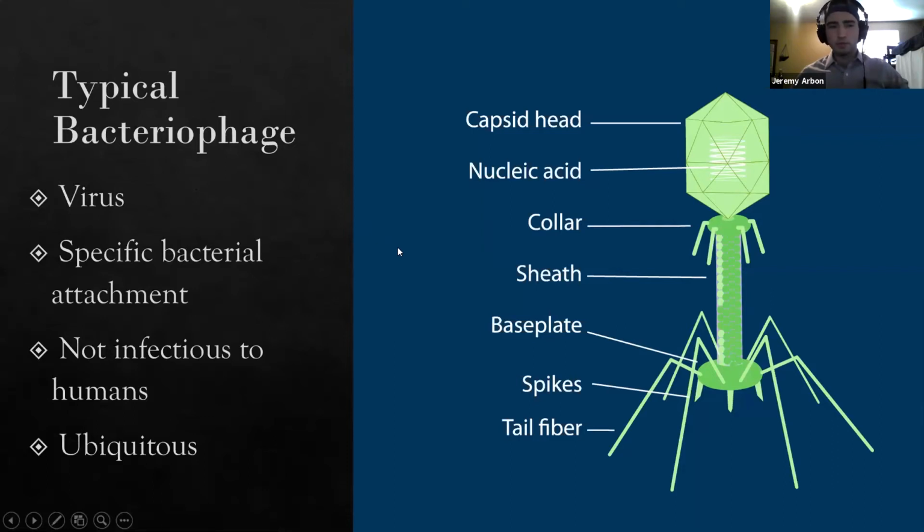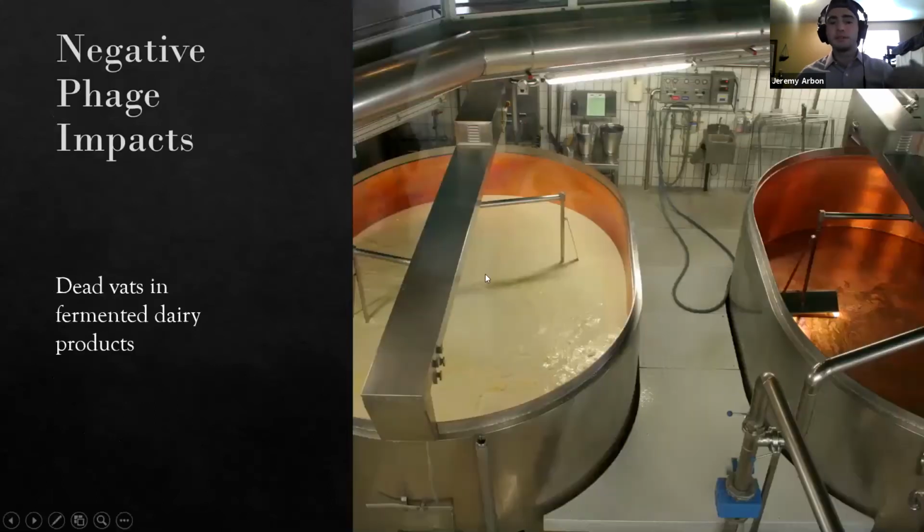If you've seen them before in cheese, you know that in cheese making, you'll rotate your bacterial cultures in order to not get bacteriophage. Because even though bacteriophage have some good uses, they also have some things that can make them not desirable in processes, such as in cheese making, there's what's known as a dead vat, and that can occur in mainly any fermented dairy products where there's a single culture or even multiple cultures.